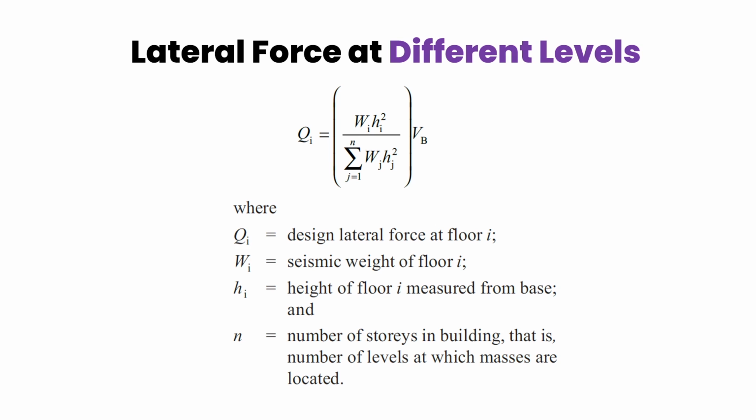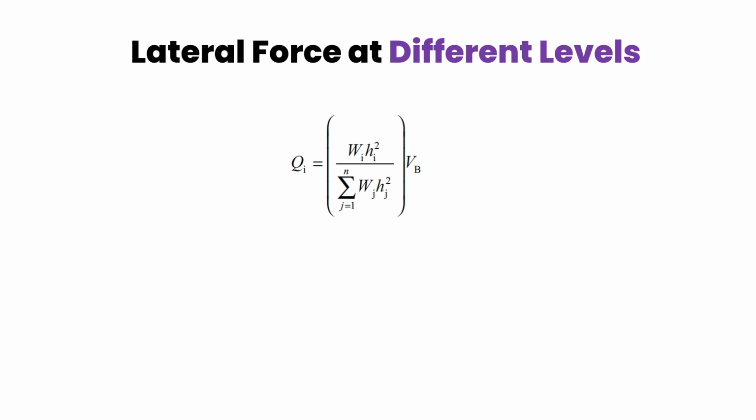So let's first see what QI, WI, HI look like, and I'll explain it on the way. In simplest of languages, just remember it to be something like this. So we have a QI, which is the lateral force, that is a horizontal force, but which is made up of KI and VB. The equation in the bracket, I have converted into KI so that it's much easier.